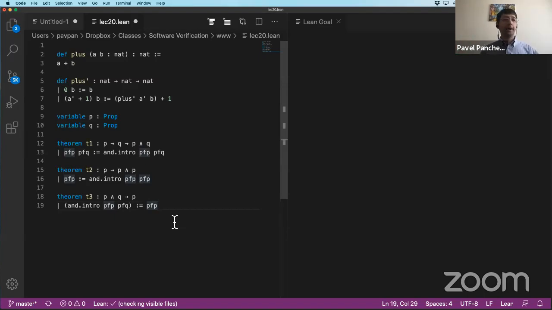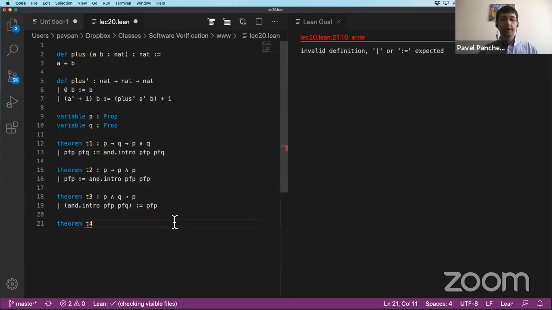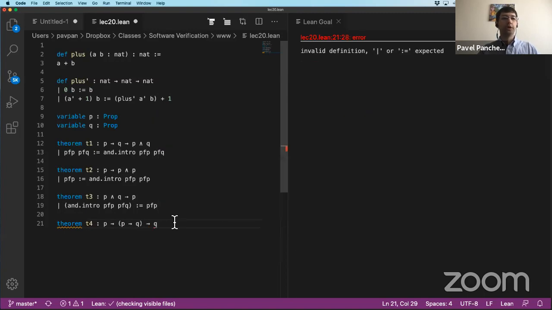Okay, so far, the only kind of proofs you've seen are ands of things. There are other ways to construct proofs, as we discussed way back in the beginning of the class. So here is another one. In this case, I want to prove the rule that people who speak Latin call modus ponens, which is that if P is true, and if P implies Q, then Q should be true.